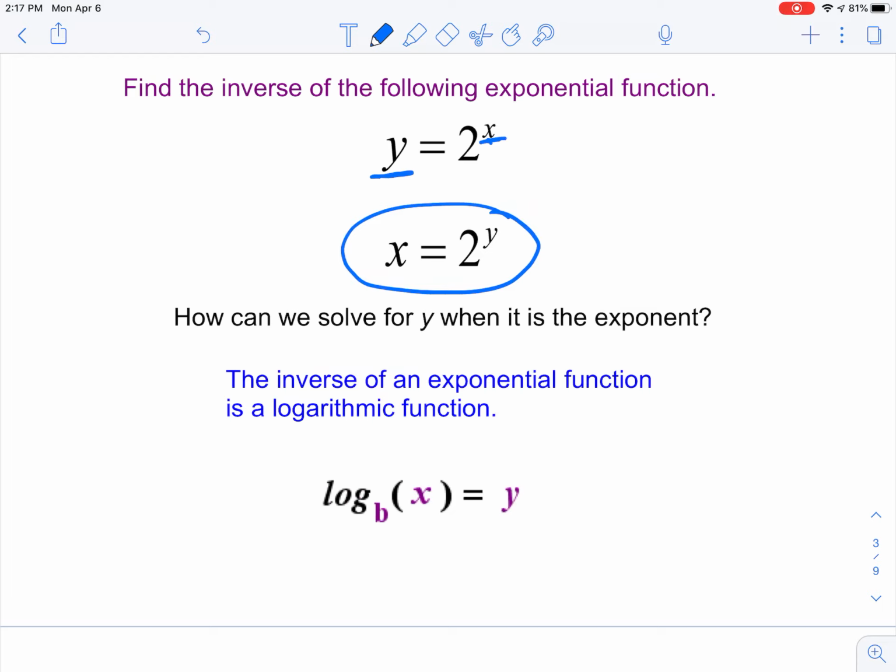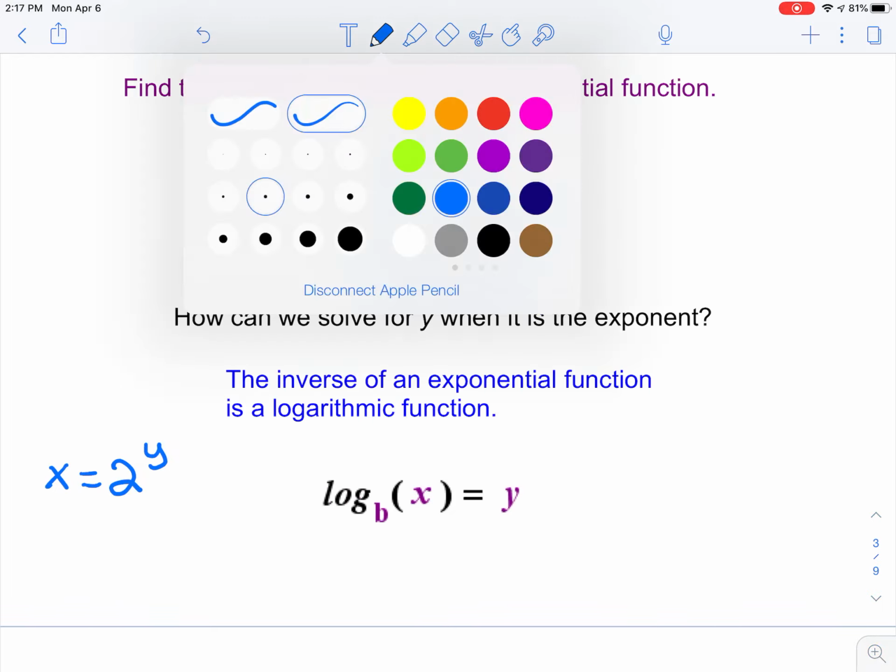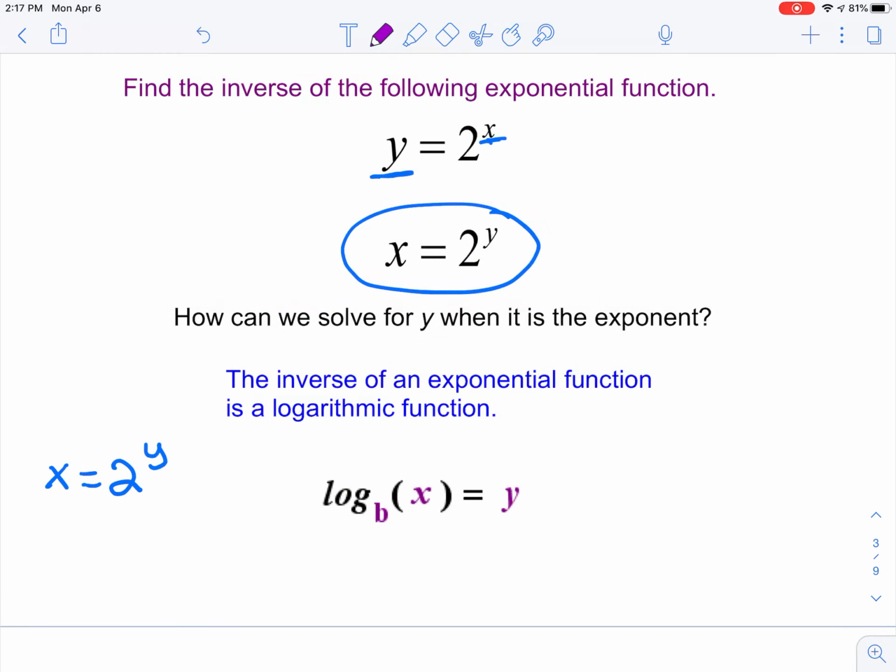So when we take this x equals 2 to the y, there's kind of a little shortcut that you can do. Here's your base, and so that goes right there.